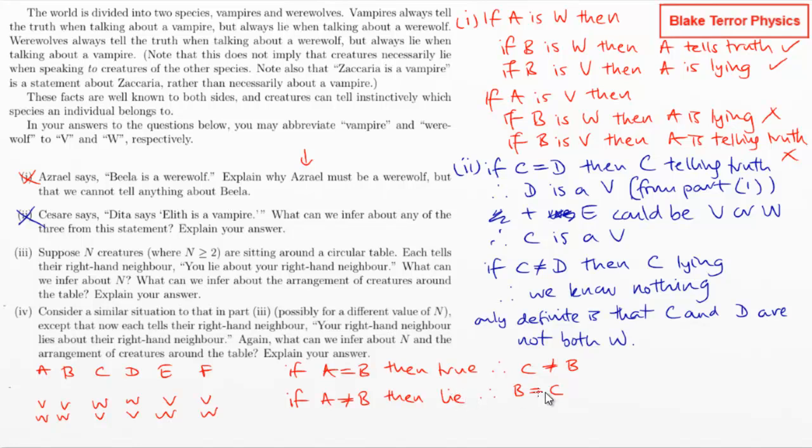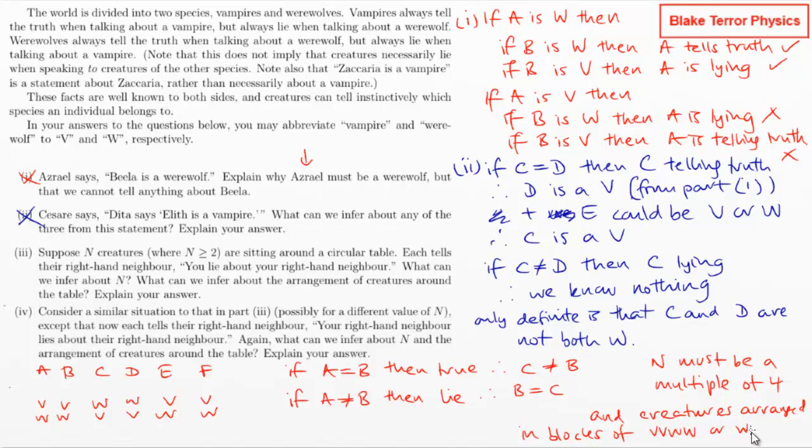So yes, n must be a multiple of 4, and creatures arranged in blocks of what we got, VVWW or WWVV. It's the same thing really, but depends if you're going clockwise or anti-clockwise around the table.